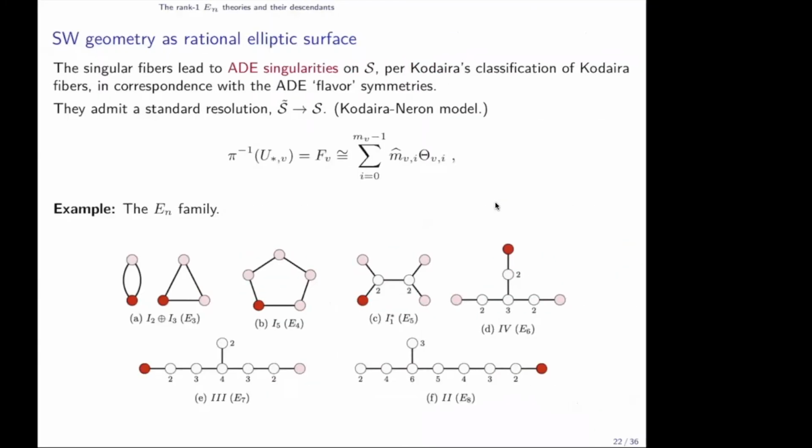So when you have singular fibers, then in terms of the full rational elliptic surface S, you would have exactly an ADE singularity to which you can associate the flavor symmetry in the usual way, like we do in F-theory.